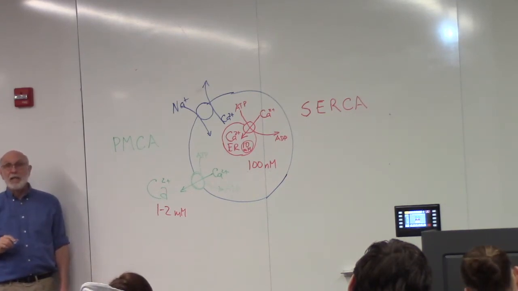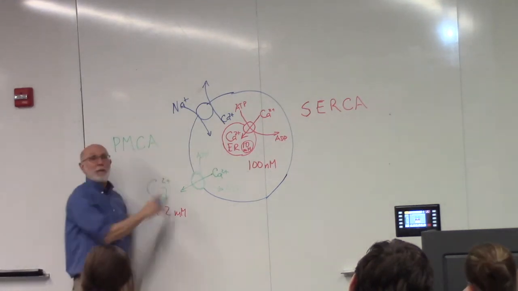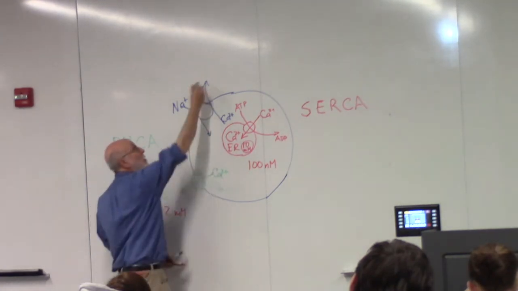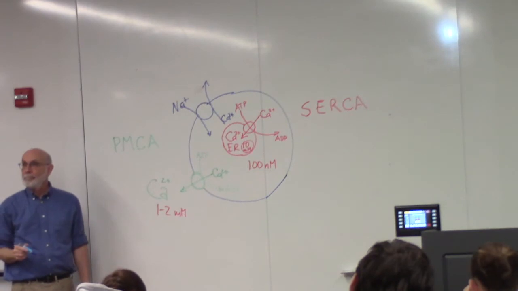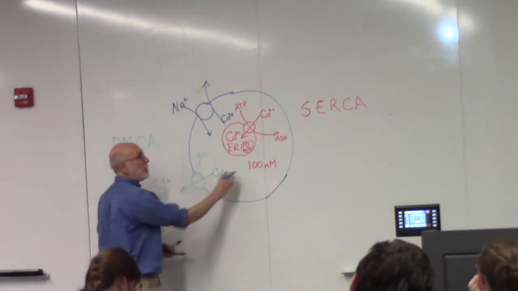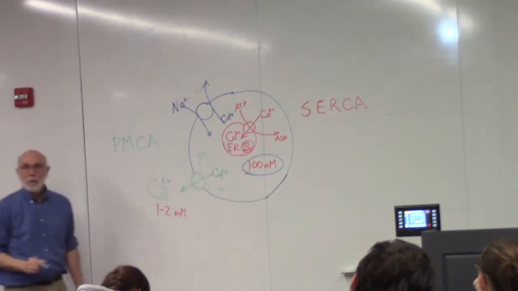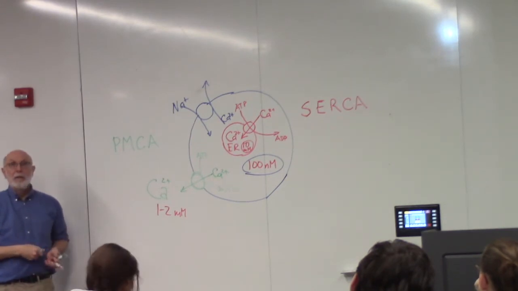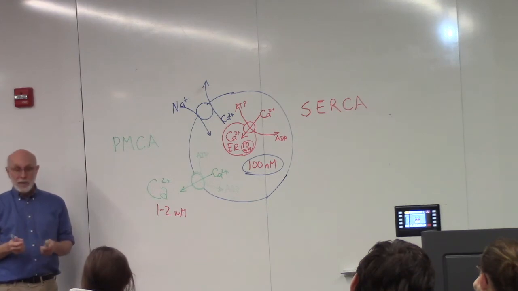A secondary active transporter. It's using the sodium gradient that you know all about from the previous slide to pump calcium out. So these 3 proteins pumping calcium out of the cytoplasm establish this very low cytoplasmic concentration of calcium at rest. We're going to use that gradient a lot during this semester.